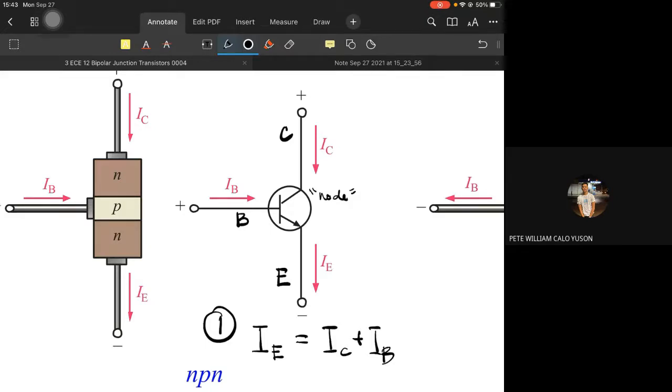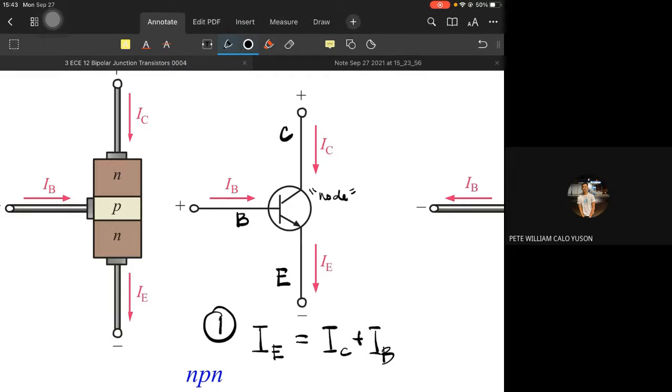There are only four equations or formulas nga dapat gid nato memorization, no? When we analyze BJT circuits, and this is one of them. Okay, nang nato ni memorize because these formulas are common to all types of BJT configurations.